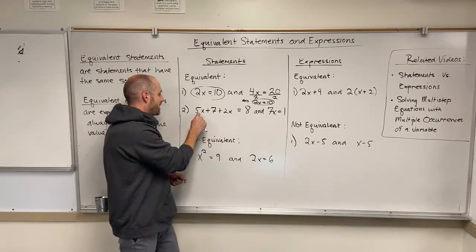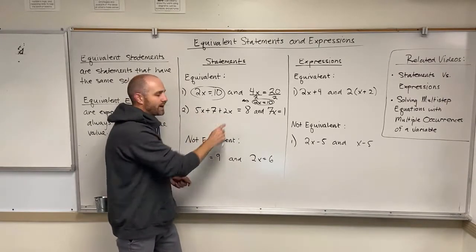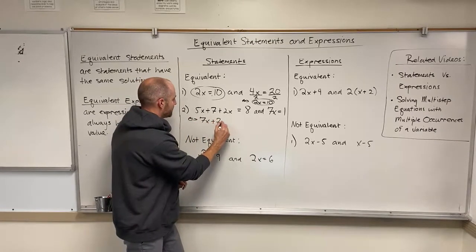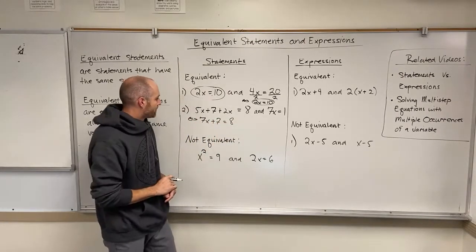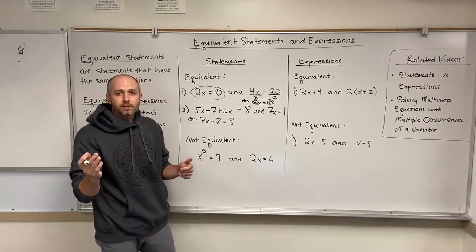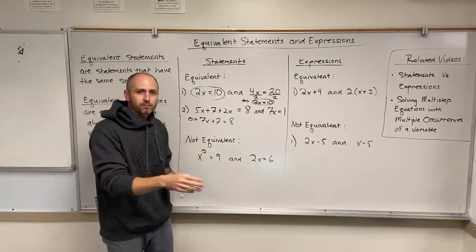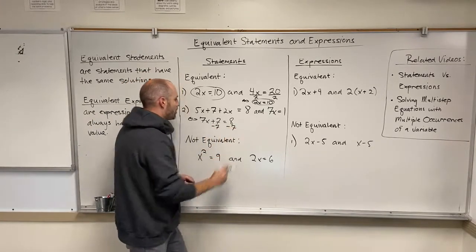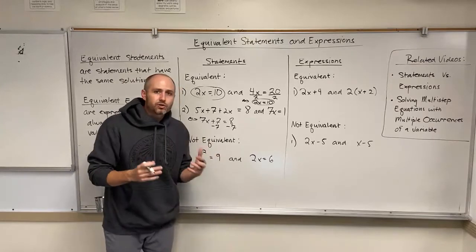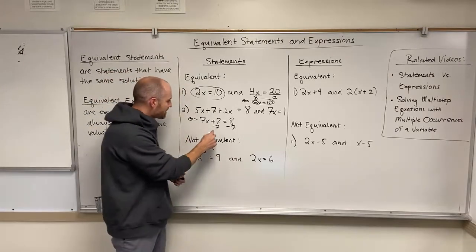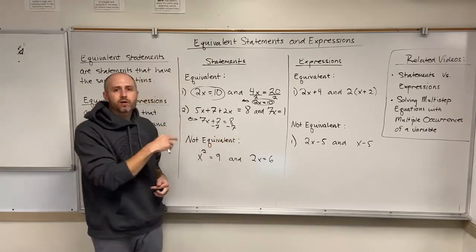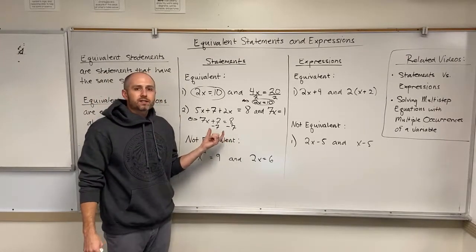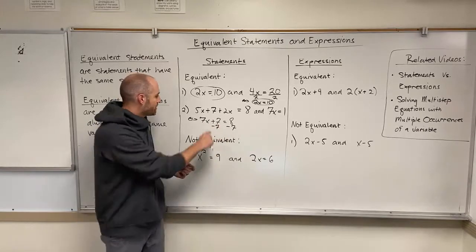Well, we could start by combining 5x and 2x to make 7x. So we could get 7x plus 7 is equal to 8. Then I could use the subtraction property of equality to subtract 7 from both sides of this statement. When I'm using this subtraction property of equality and subtracting 7 from both sides, this is going to create an equivalent statement to this one.